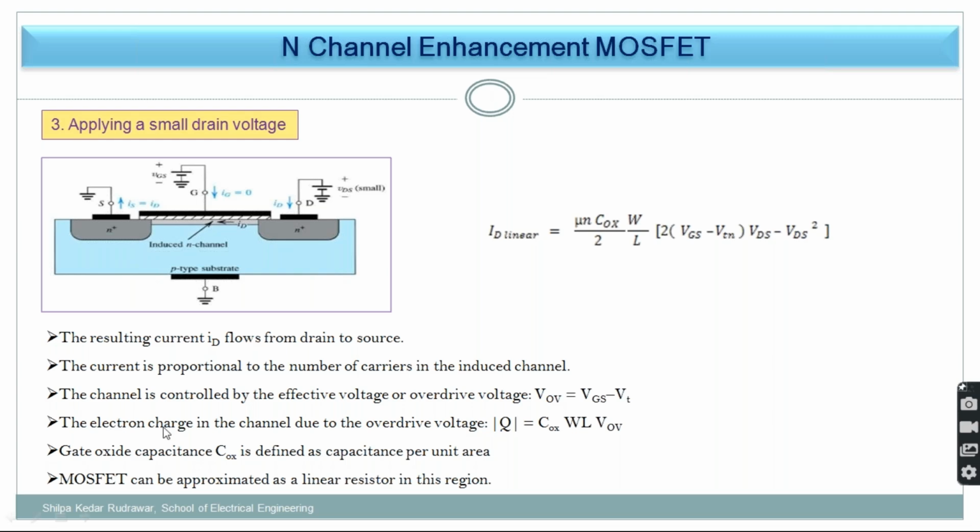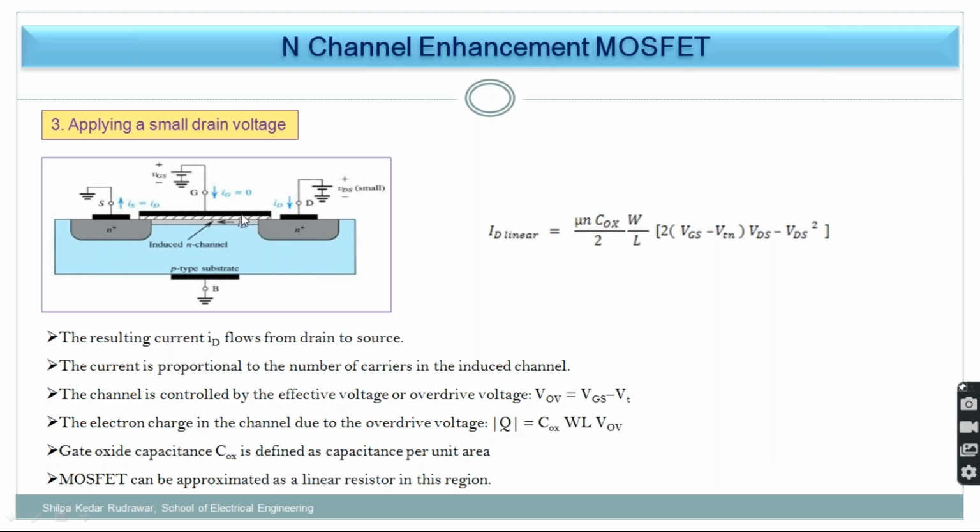Now, the electron charge in the channel due to this effective voltage is what? What is the charge? Q equal to C into V. That is capacitance and the voltage. So the same is mentioned over here. Since these are electrons, meaning negative charges, I have to write minus also, but here it is mentioned as more. So COX is what?